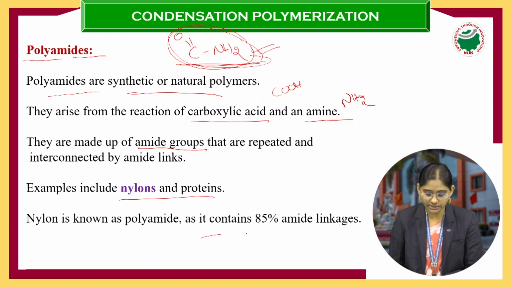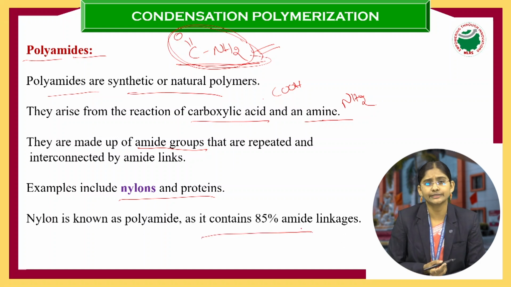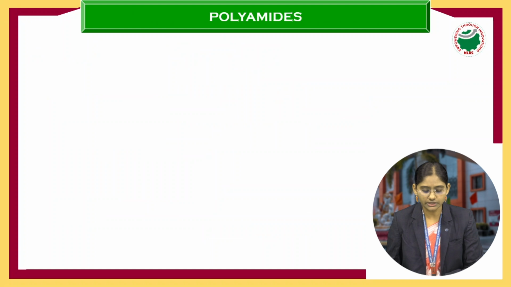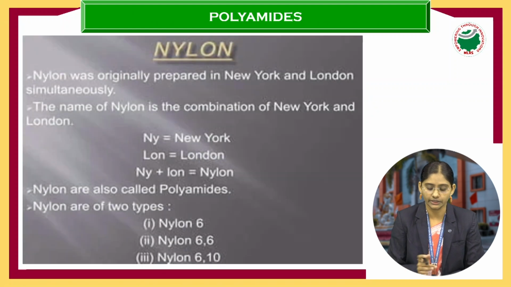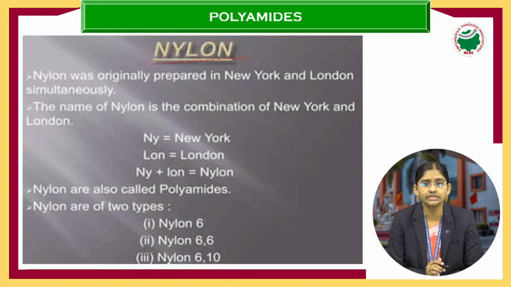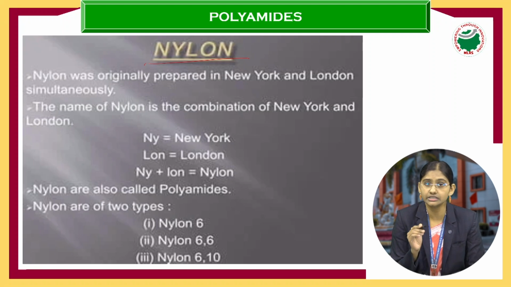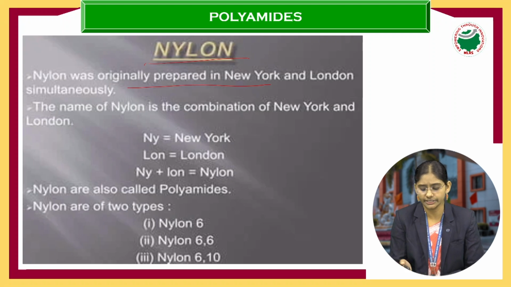Nylon is considered a polyamide. Why? Because it has 85 percent amide linkages. Now we'll see the preparation of nylon, which comes under the class of polyamides. Remember this: nylon comes under the polyamides. Nylon was first synthesized in New York and London simultaneously.